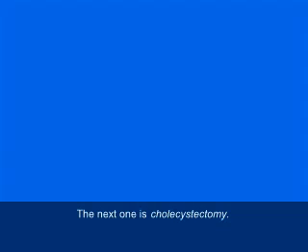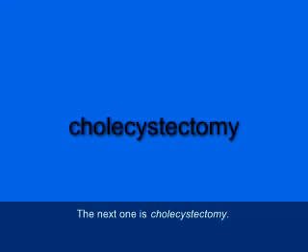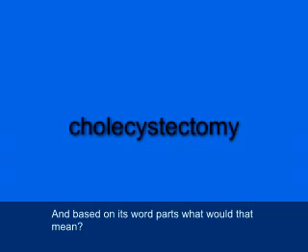Okay, and the last three terms we have here relate to procedures for the gallbladder. And again, these can be a little tricky because of the spelling and the word parts. The next one is cholecystectomy. Based on its word parts, what would that mean?